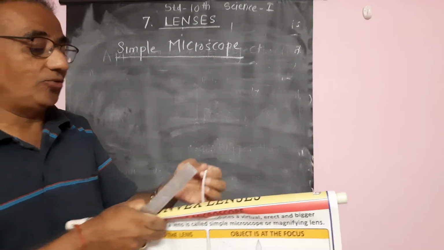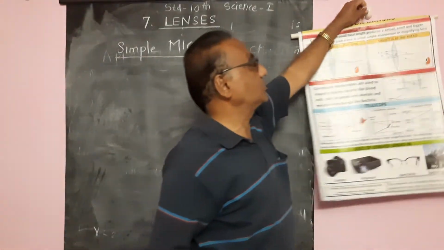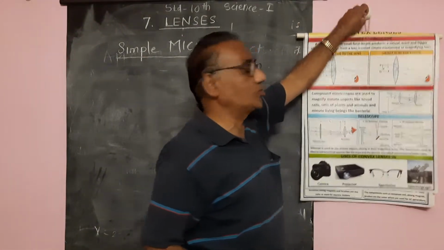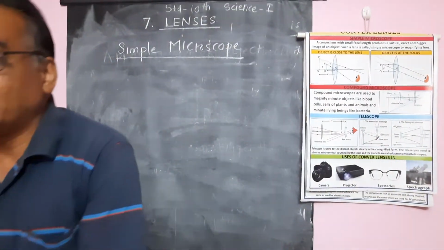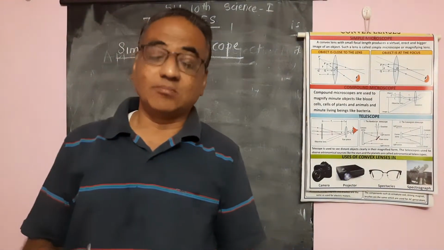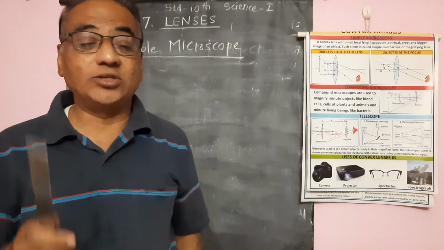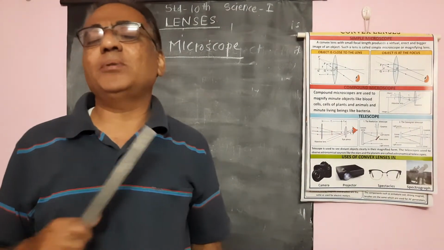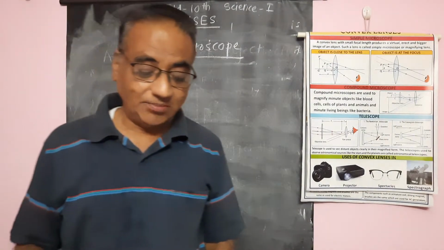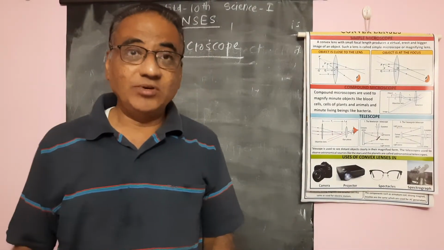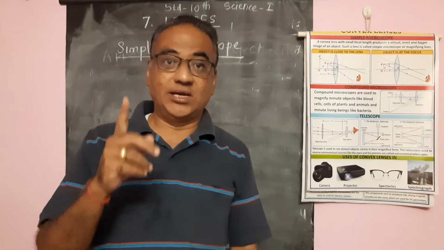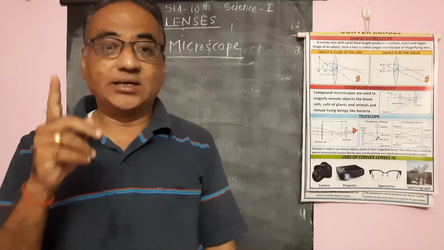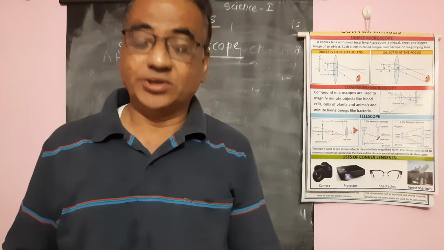Now let us try to understand the last concept which we are going to study, that is the persistence of vision. Persistence of vision in Marathi is called दृष्टी सातत्य. आता मनामध्ये प्रश्न निर्माण झाला, सर दृष्टी सातत्य म्हणजे काय? बघा, when we see any object, the eye lens creates the image of that object on the retina.